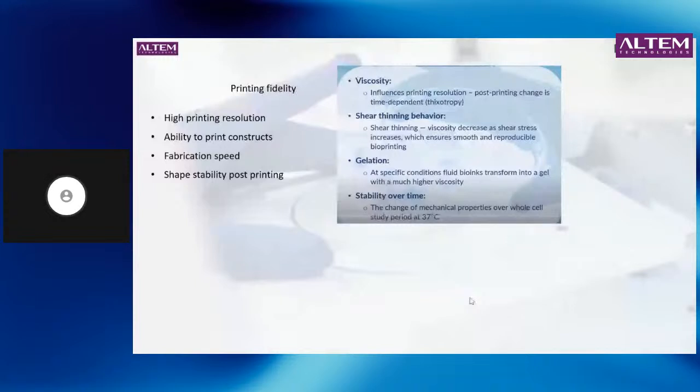So the influences on printing are, one, viscosity, second, shear thinning behavior. Shear thinning behavior is basically that the viscosity decreases the moment the shear stress is increased. Now you have to play around with these factors to ensure better printing and better reproducibility. If I know that the amount of shear stress a material can bear is only so much, or this is the right amount of shear stress, then I can keep that in mind and design the next batch of materials for printing in that manner.